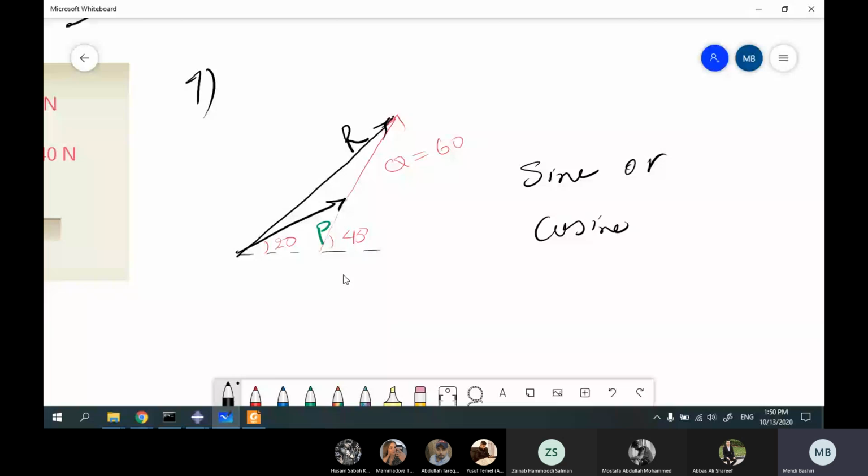Who knows what this angle is? This angle, alpha. How much is this? Do you have any idea? I'm gonna ask you. Wait.